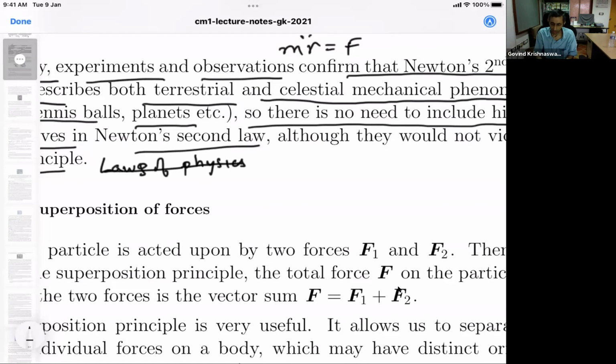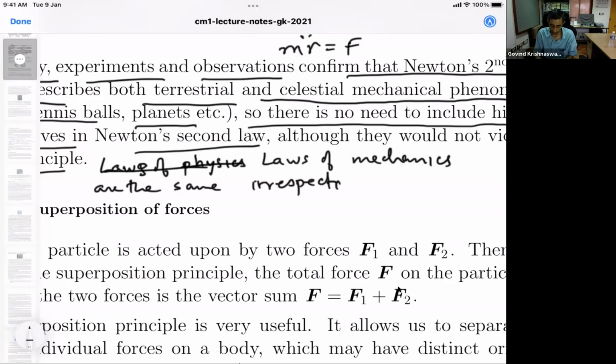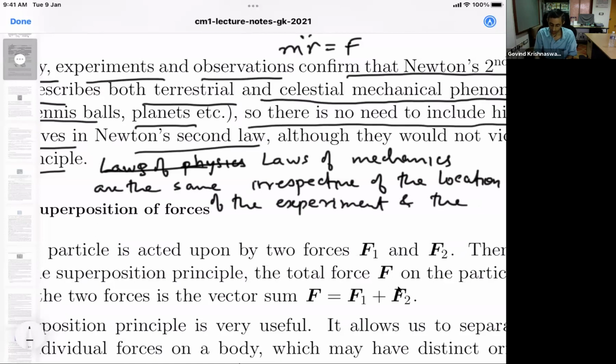At least at this stage, the laws of mechanics are the same irrespective of the location of the experiment and the time at which it is performed.